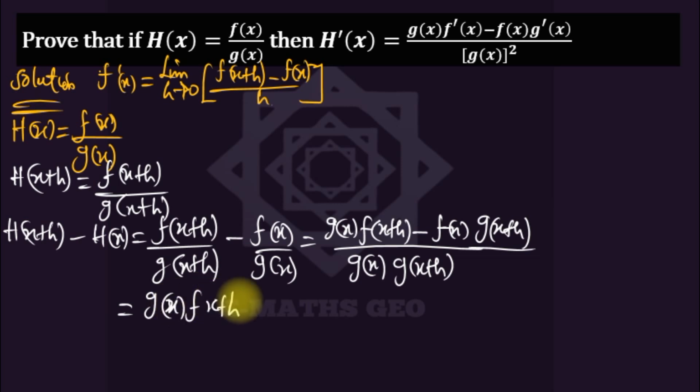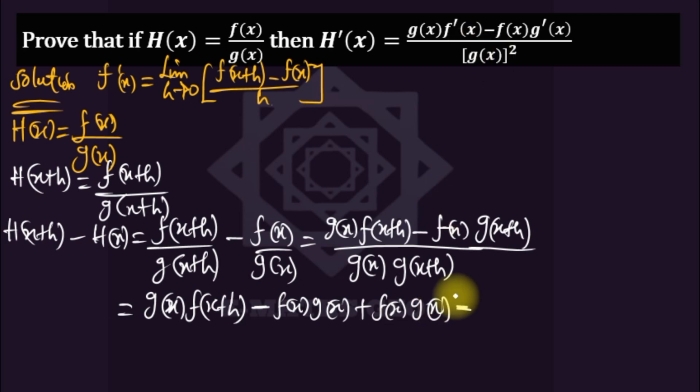If I decide to subtract f of x times g of x, I need to counter it by adding. So minus f of x times g of x plus f of x times g of x is 0. I just introduced it so that we can get f prime and g prime. That's the only way we can get f prime and g prime.